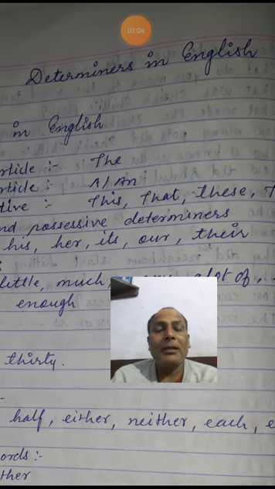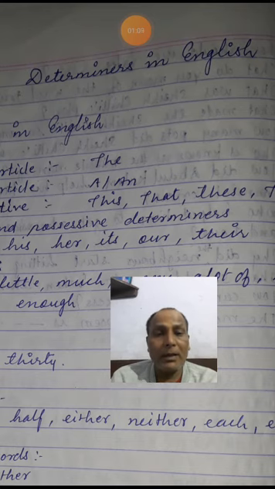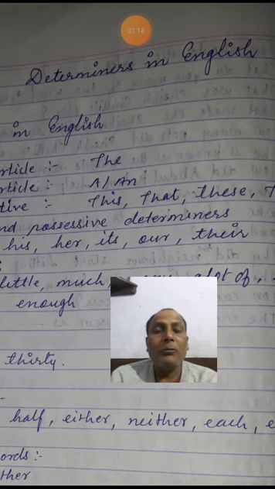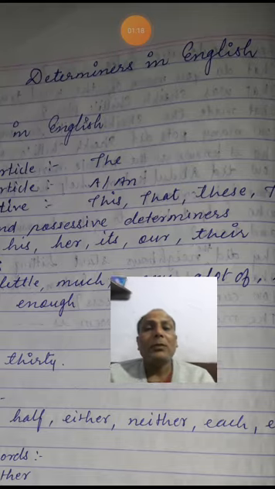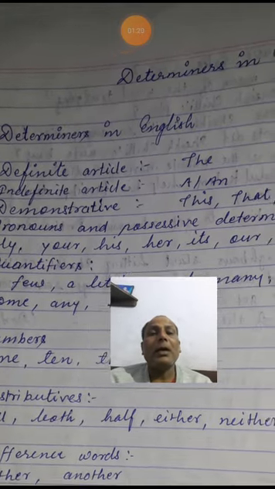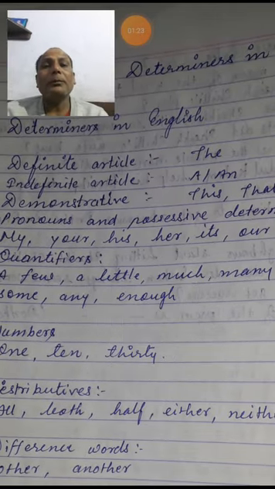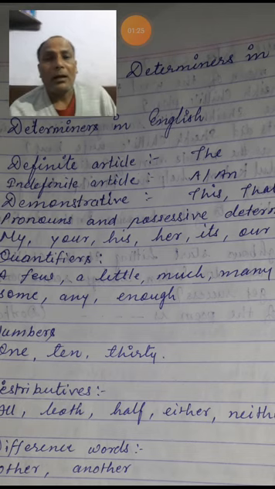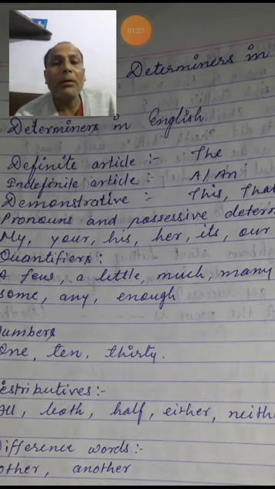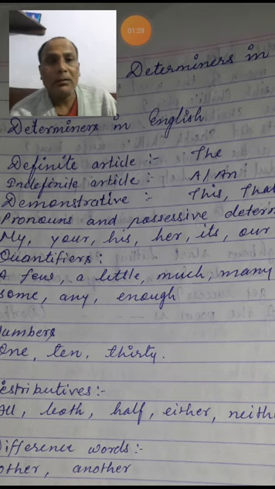Determiners in English means the words which determine the noun, and their uses for it. So in this part of the video, I would like to inform you about determiners in English.